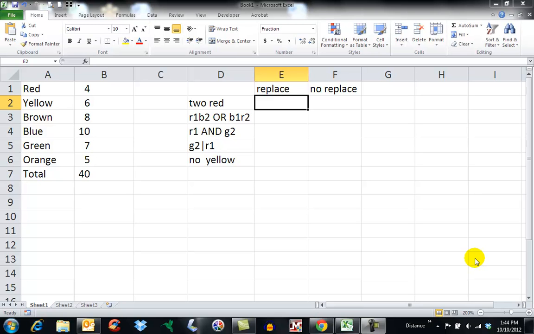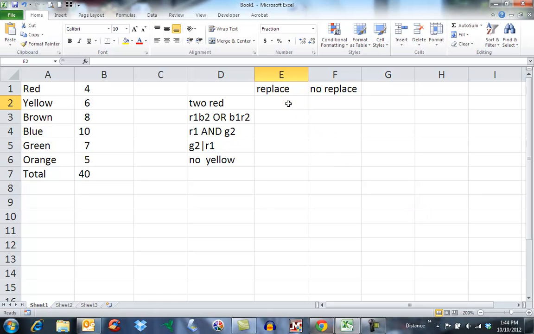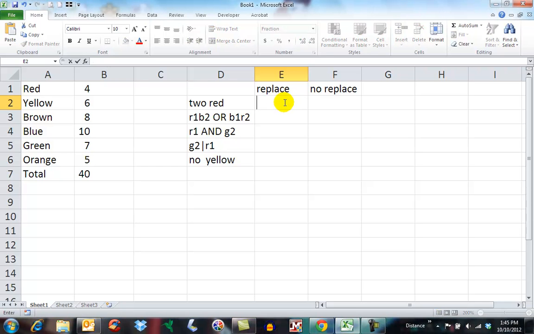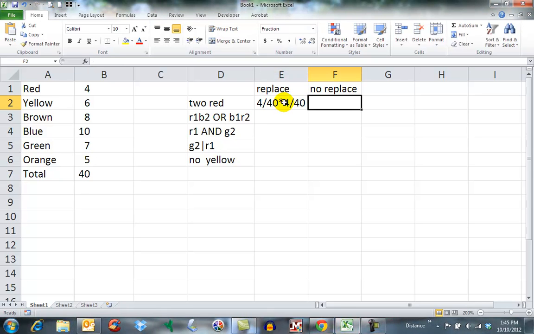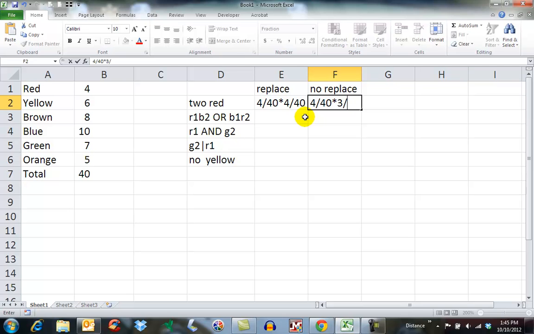So the probability of getting 2 reds is 4 out of 40 times 4 out of 40 because we're replacing that value. If we're not replacing the value, then it's going to be 4 out of 40 times how many are left. Well, there's 3 reds out of how many things are left? 39.